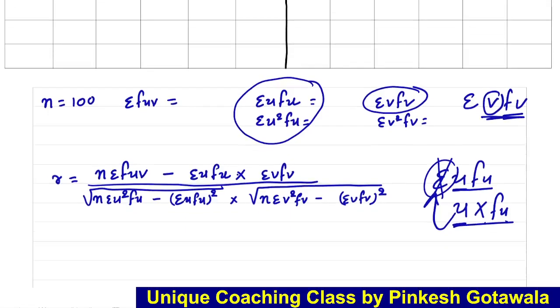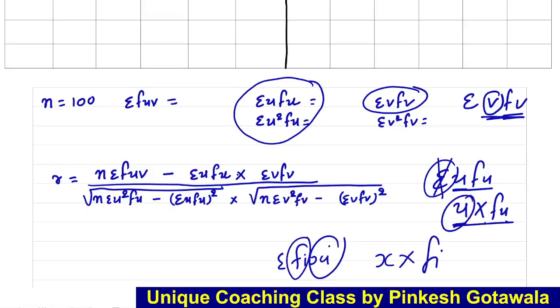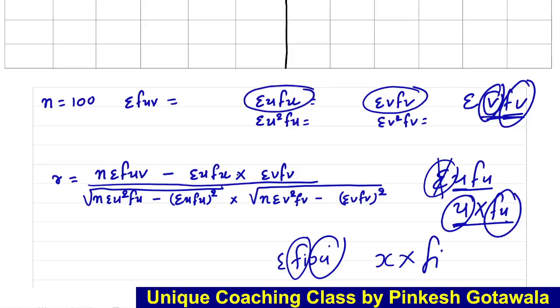I explained in the previous video like sigma fx, where the frequency is multiplied with x. Same here, u is multiplied with its frequency fu and v with its frequency fv. Then we get these two amounts.